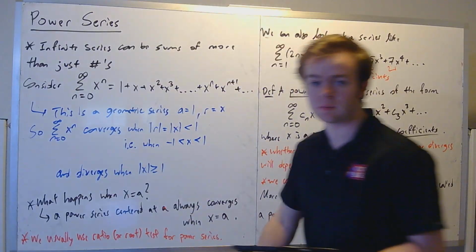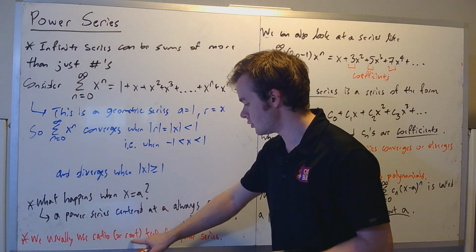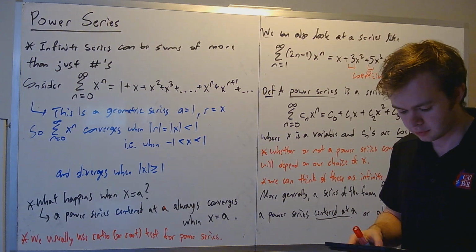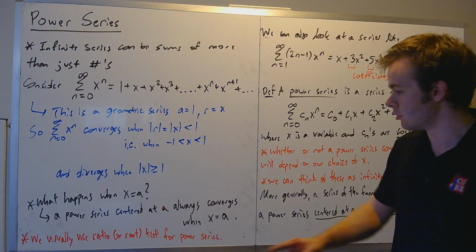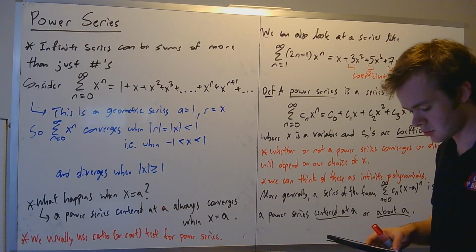Right, so all the examples that I'm going to do today are actually just using the ratio test, but sometimes you also want to use the root test. So both of those two tools are going to be the main things that we're working with in this section.